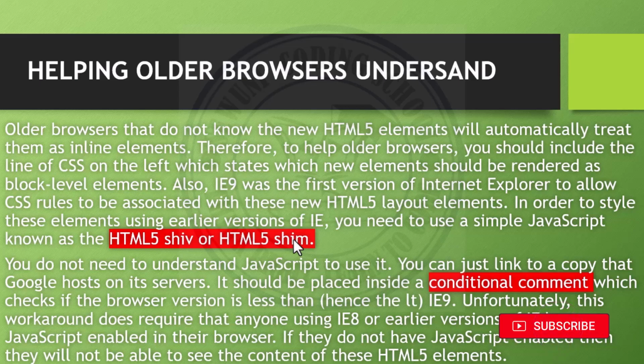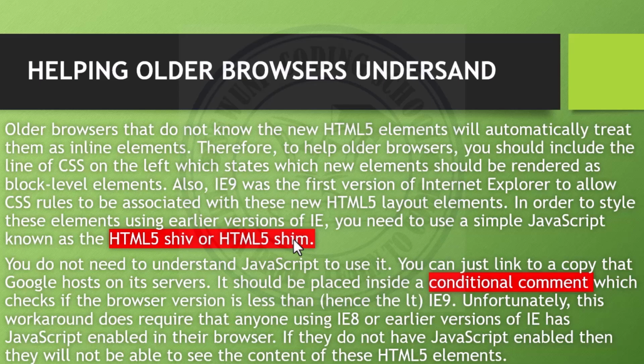You do not need to understand JavaScript to use it. You can just link to a copy that Google hosts on its service. It should be placed inside a conditional comment which checks if the browser version is less than Internet Explorer 9.